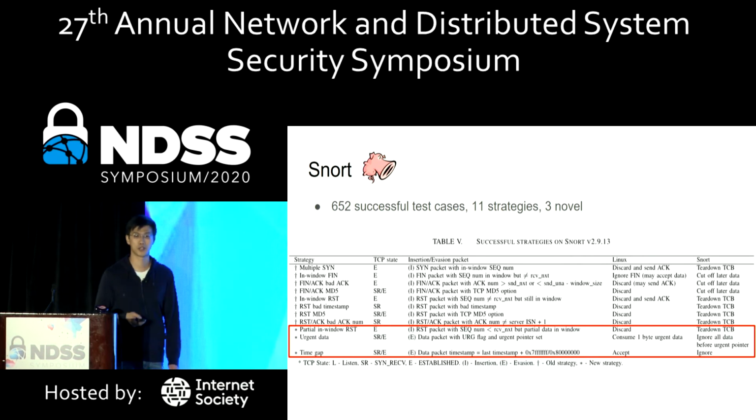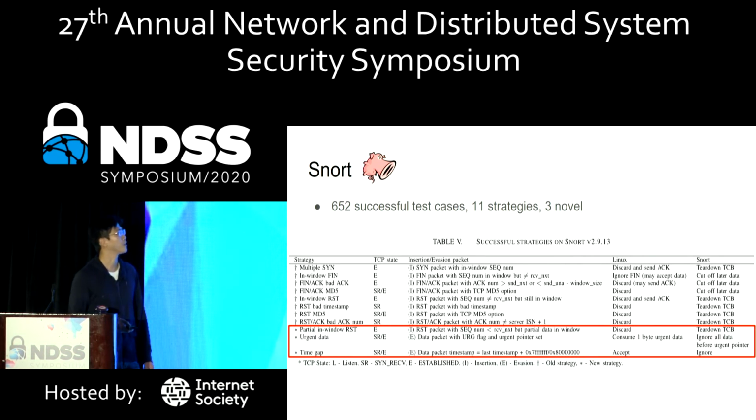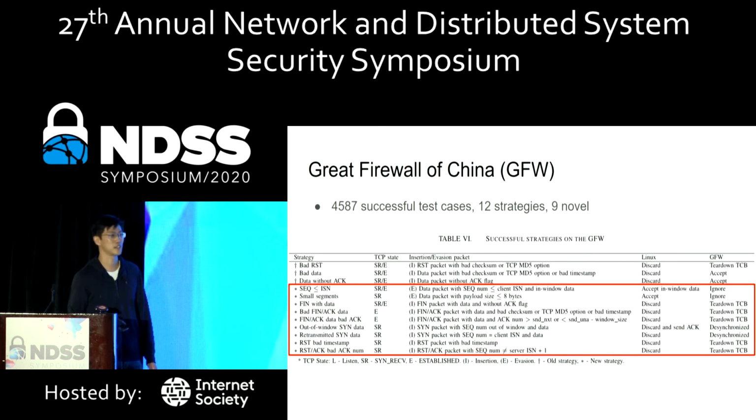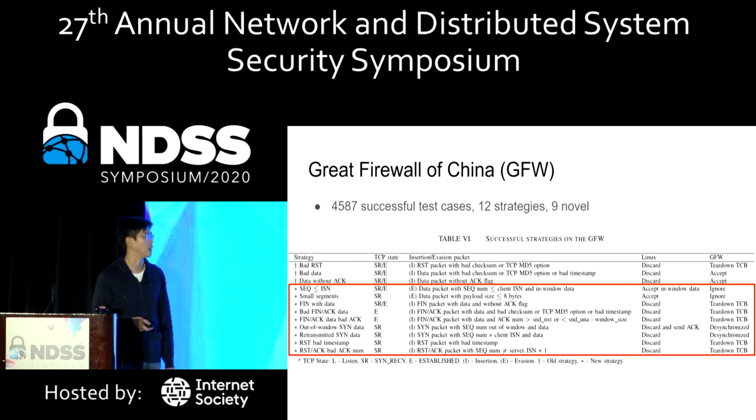Because of its more rigorous TCP implementation, we only found around 600 successful test cases, and we summarized them into 11 strategies, including 3 novel strategies. The last DPI system we evaluated against is the Great Firewall of China, which is the most sophisticated censorship system in the world. And we found around 4,500 successful test cases, and we summarized them into 12 strategies, and 9 of them are novel strategies.